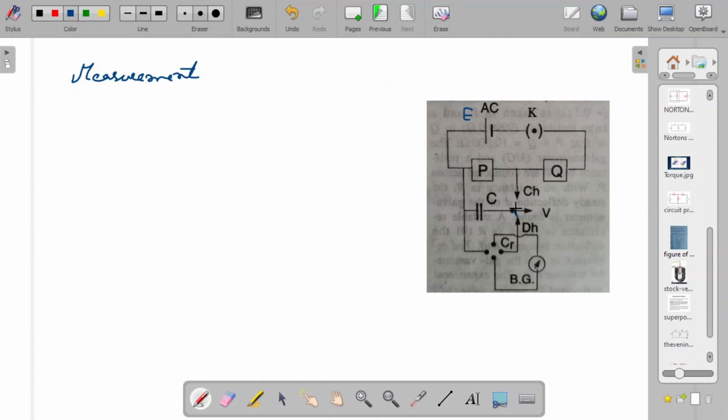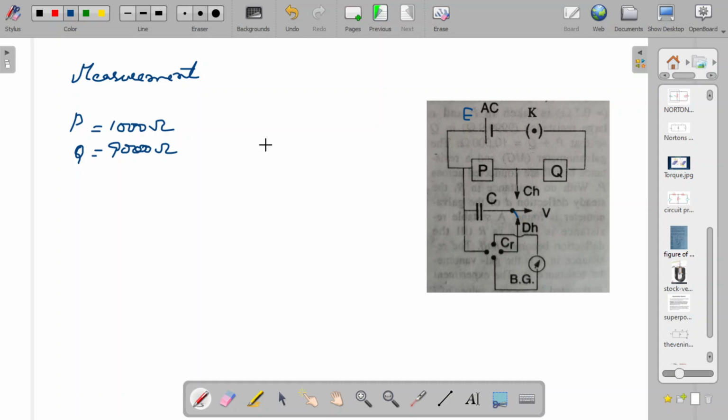Now coming to the experiment, this was the design part, the construction part. When you do the experiment, first you keep P, which is a resistor, as 1000 ohm, and Q as around 9000 ohm. For easiness we keep P plus Q the same for several sets of experiments.